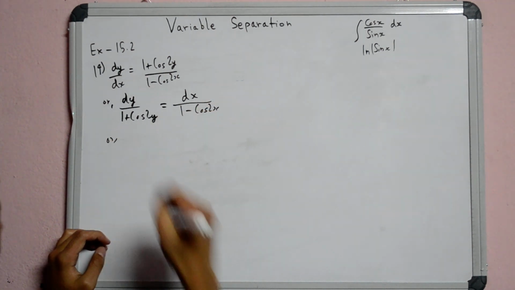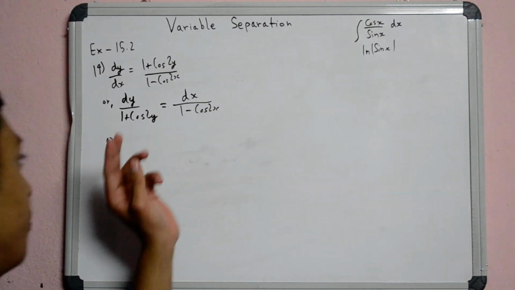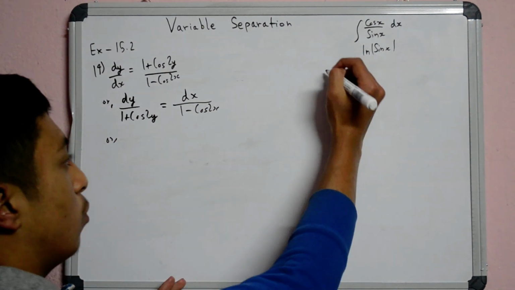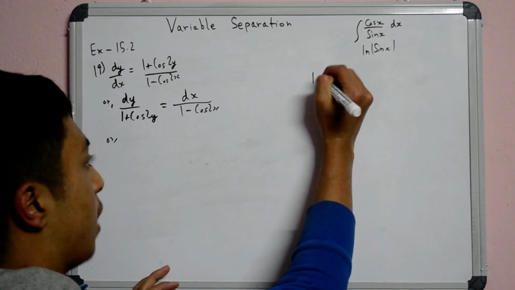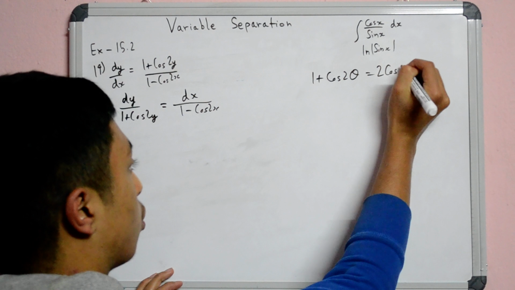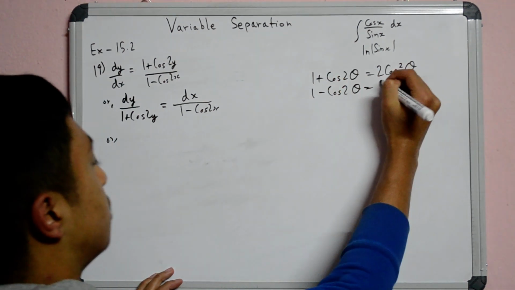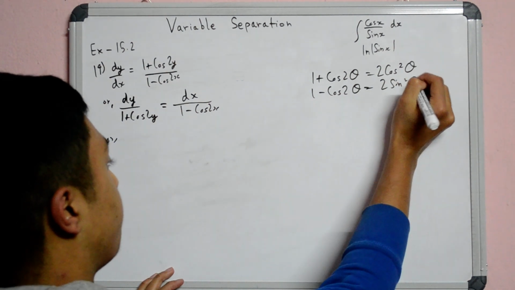Now we need to recall our multiple angle formula. For theta, we have 1 plus cos 2 theta is equal to 2 cos square theta, and for 1 minus cos 2 theta it's 2 sine square theta.